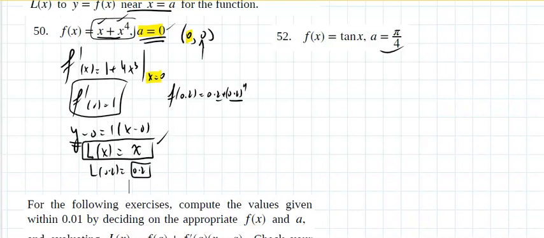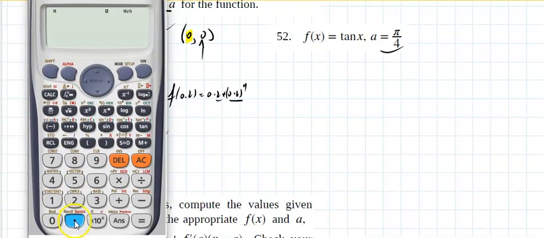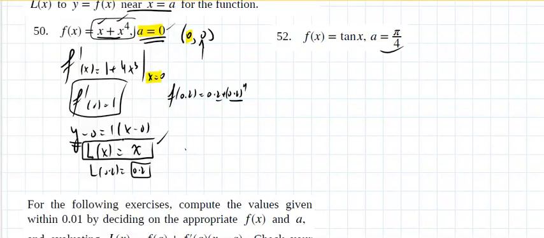And if I work this out on my calculator, just to see how that works, if I take the actual answer, 0.2 plus 0.2 raised to the fourth, I'm going to be off slightly. It's going to be 0.2016. So f of 0.2 is 0.2016. So you're off by 0.0016. That's a good approximation.